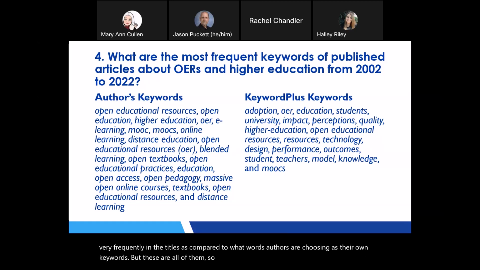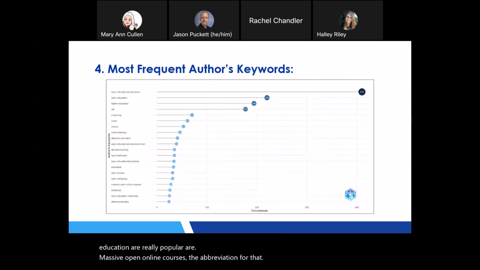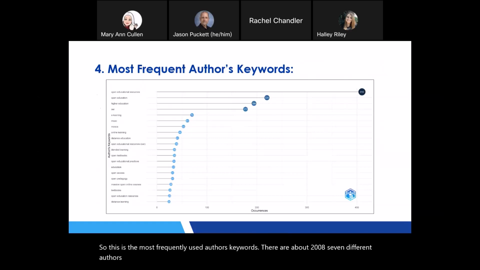So you can see OER, Open Educational Resources, and Open Education are really popular, as are Massive Open Online Courses, the abbreviation for that. So this is the most frequently used author keywords. There are about 2,807 different author keywords. The most popular was by far Open Educational Resources, which was used 410 times, which makes a lot of sense, but that was double the amount of the next most frequent keyword, Open Education.